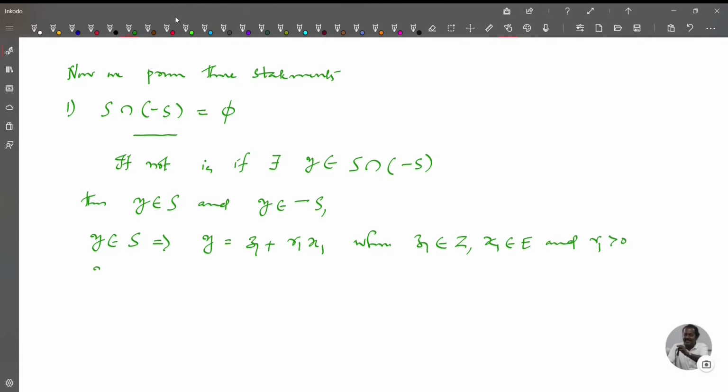Y belongs to minus S implies Y equal to minus Z2 minus R2 X2, where Z2 belongs to Z, X2 belongs to E, and R2 greater than 0.